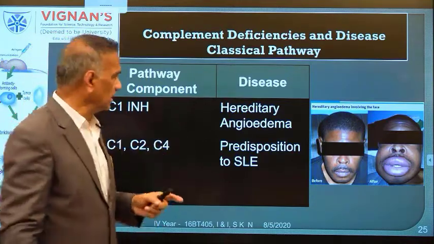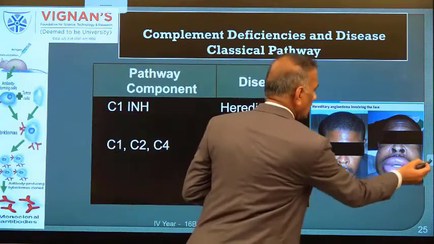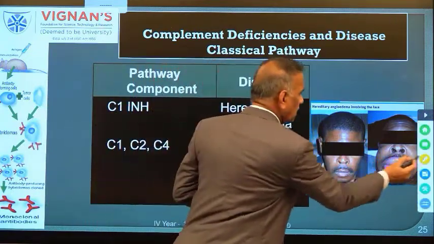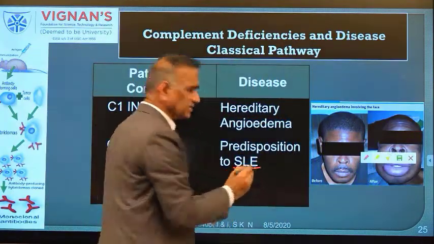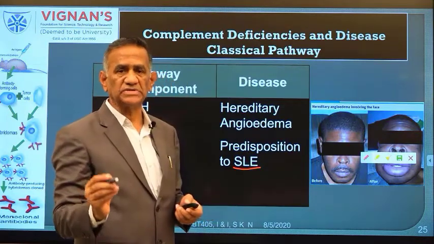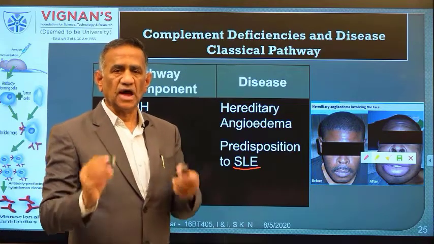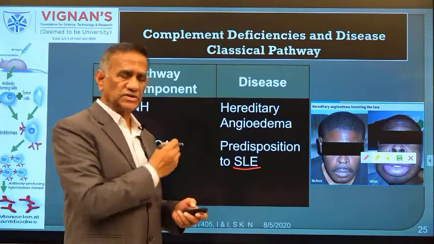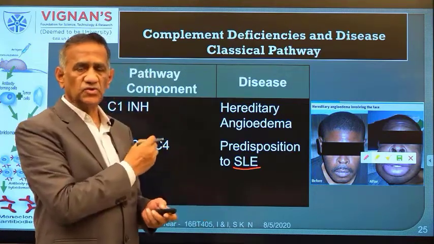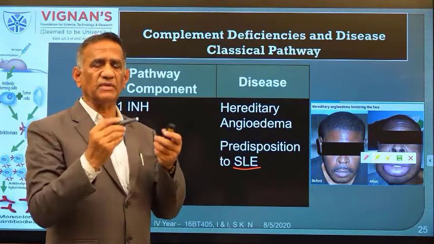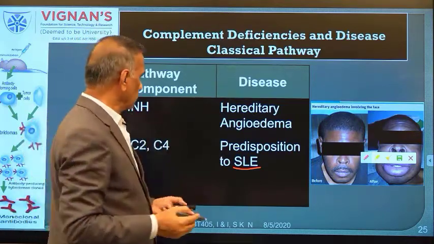If they are deficient, there is a situation called systemic lupus erythematosus. This is an autoimmune disorder. This autoimmune disorder leads to the disease I just showed you, a butterfly shaped inflammation on the face.